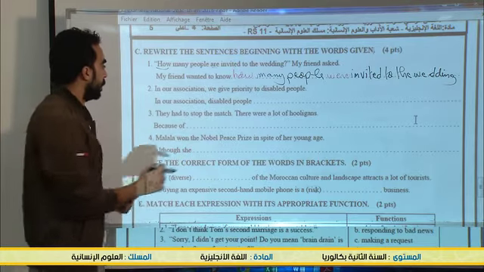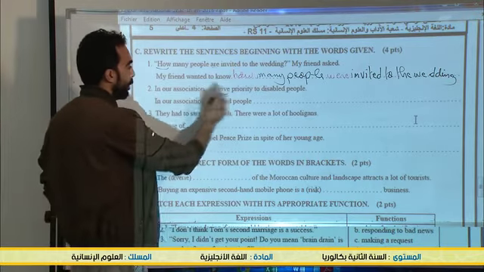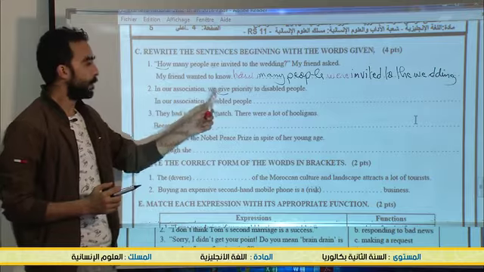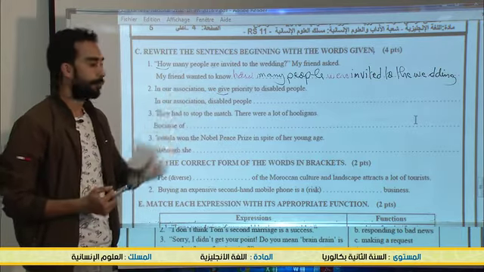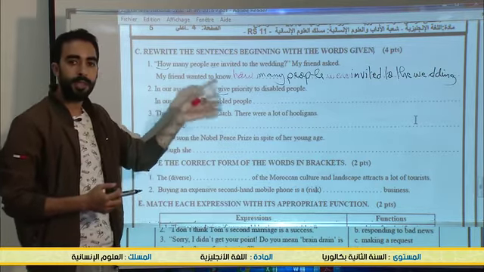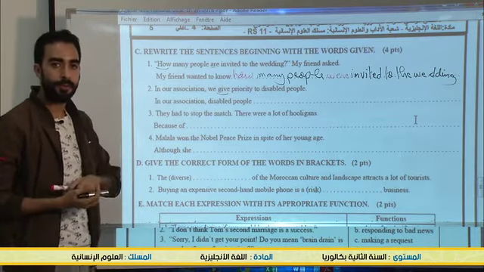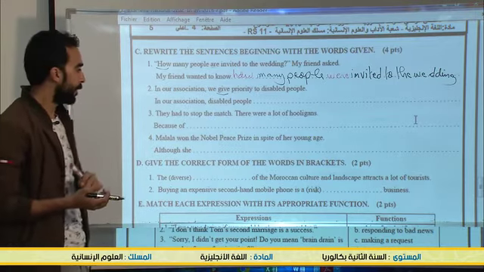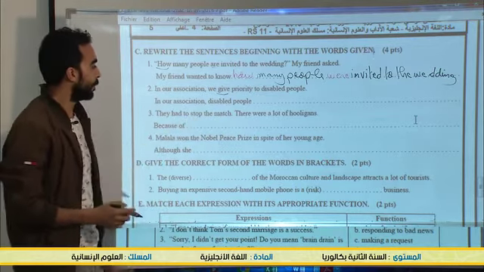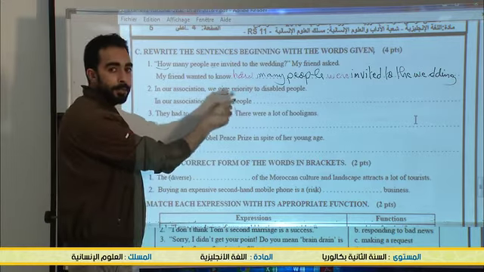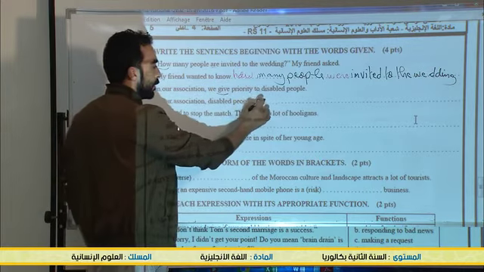Of course, we look at the main verb, and we look at its tense. So we say we give. So this is the verb to give in present simple. So we are going to put the verb to be in simple present. So disabled people. Since we have here people, it is plural, are.